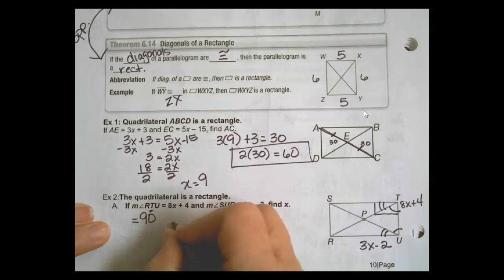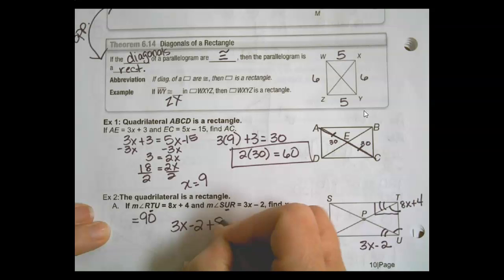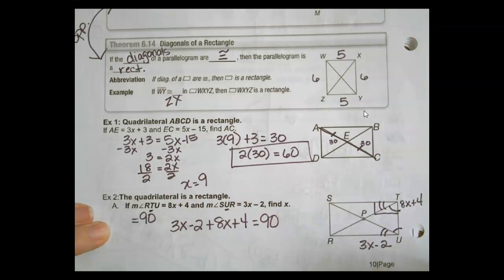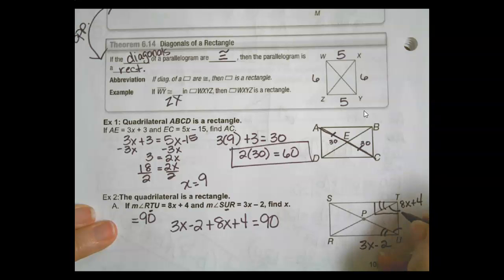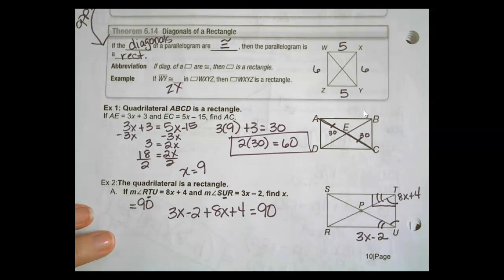So I'm going to say 3x minus 2 plus 8x plus 4 equals 90 degrees. Again, you're like, how do you know that, Mrs. Spiro? These are different, and this makes a 90-degree angle. Sometimes it is very difficult, but that's the reason why we're doing notes, so you can say, okay, that makes sense.